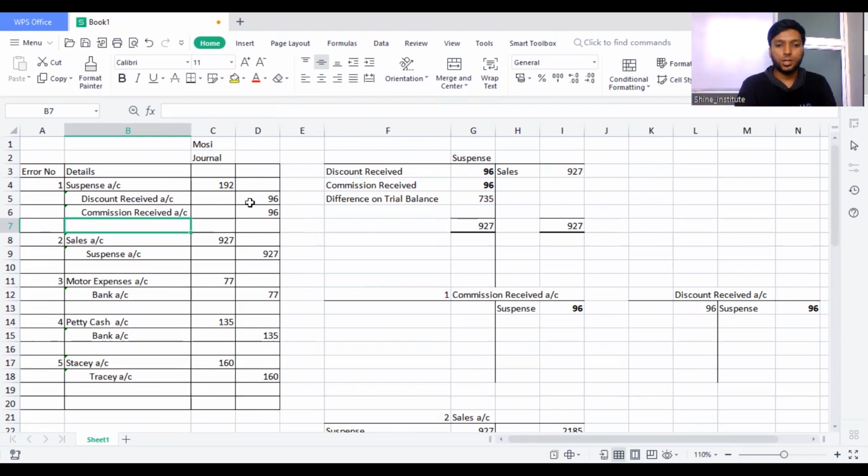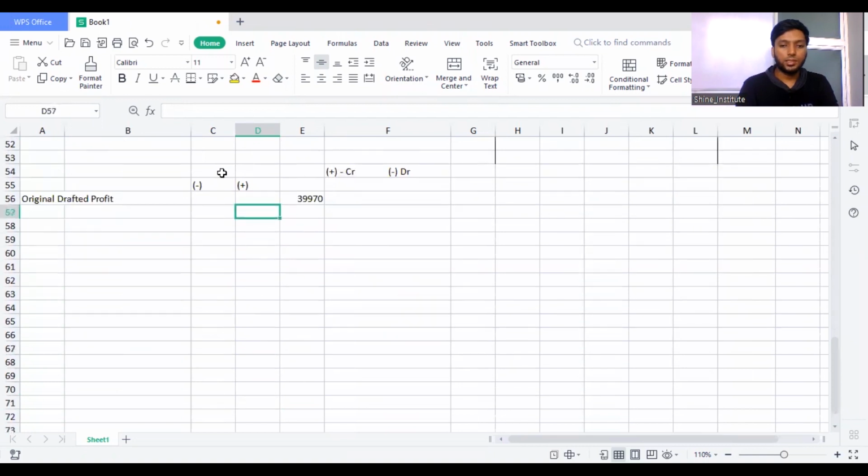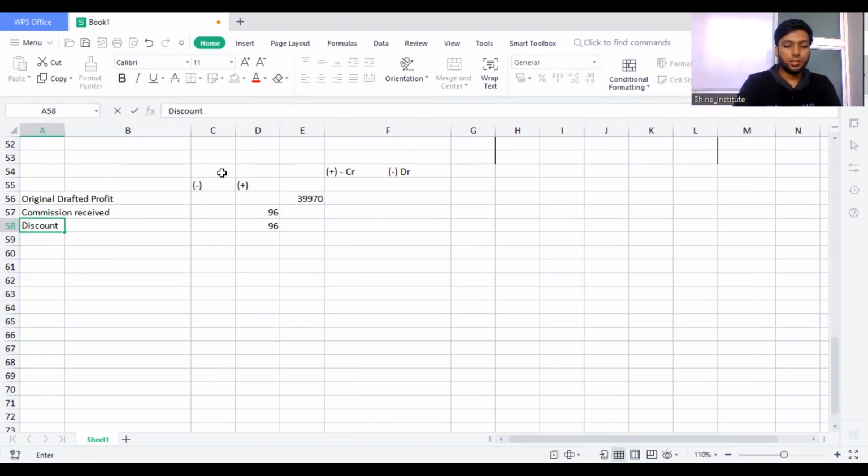So this credit transaction, I should add it into the books of account. So 96 plus 96. The first transaction I will record here as an addition, 96 plus 96, because you can increase the amount of profit. So commission received and then discount received. Easy as that. First transaction is done.